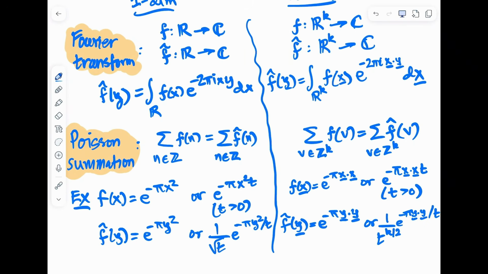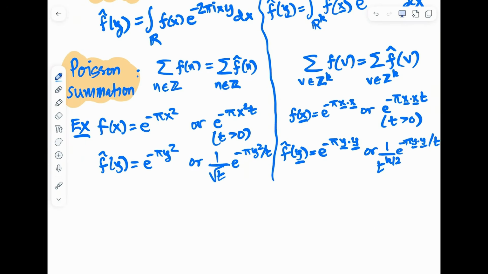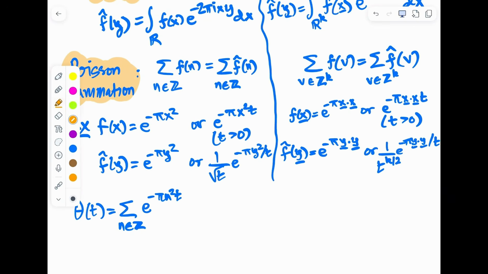In terms of the theta function that we were working with connected to the Riemann zeta function, the theta function was summing over the integers e to the minus pi n squared t. So our second example here, we're summing that over the integers.